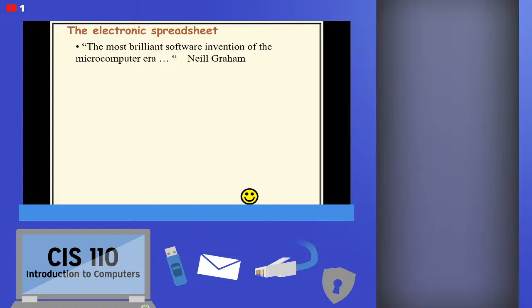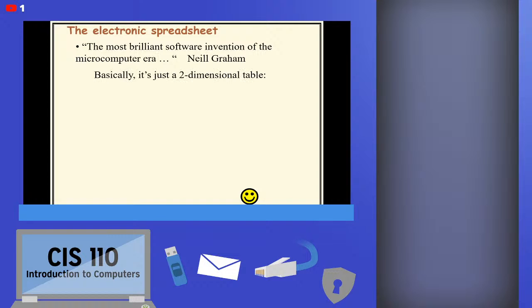The spreadsheet did all of that. Things that were at one time done with paper and a pencil were now done dynamically via the computer.